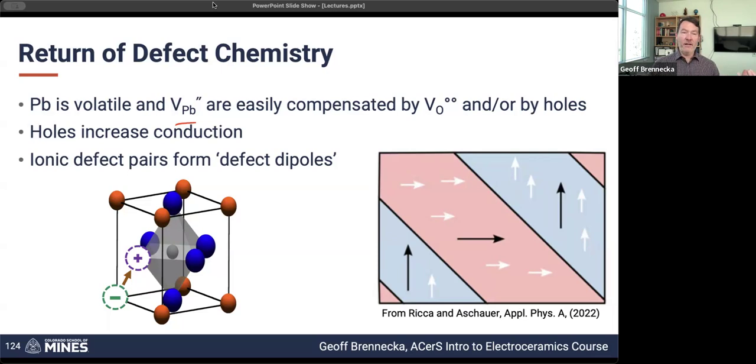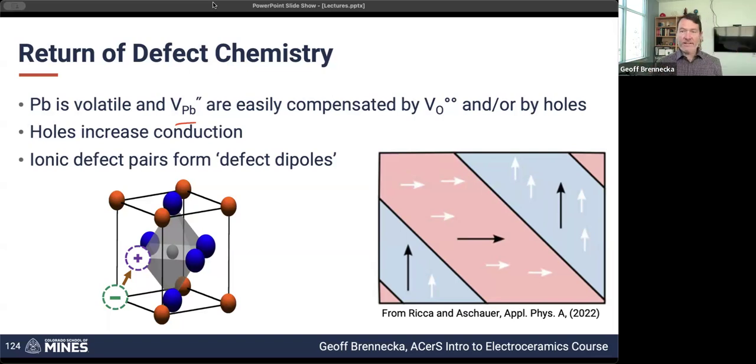If you've got an effectively negatively charged lead vacancy and an effectively positively charged oxygen vacancy, the overall system is going to be lower energy if those are somewhat near each other. They might be immediately next to each other, or a couple of atom hops away, but they're going to want to cluster.